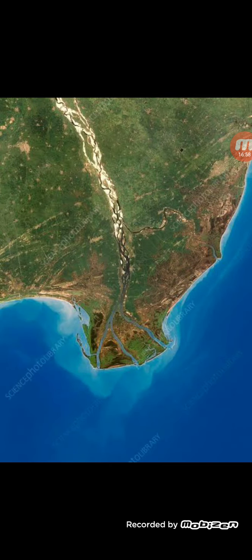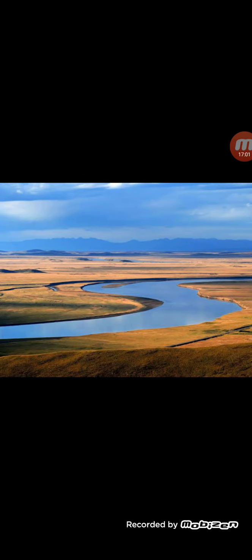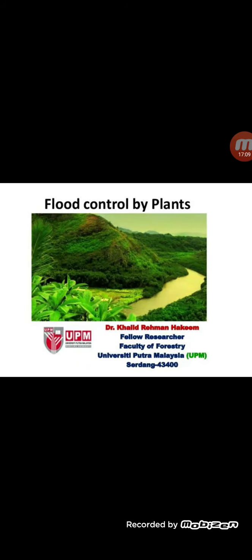We discussed cyclones, and this is regarding Divisema Uppena, which hit the Divisema area in Krishna district in November 1977. See the dead bodies. Really, it was a pitiable condition. This is a delta, and this is also a floodplain. And we discussed perennial and non-perennial rivers. This is a perennial river and a non-perennial river.